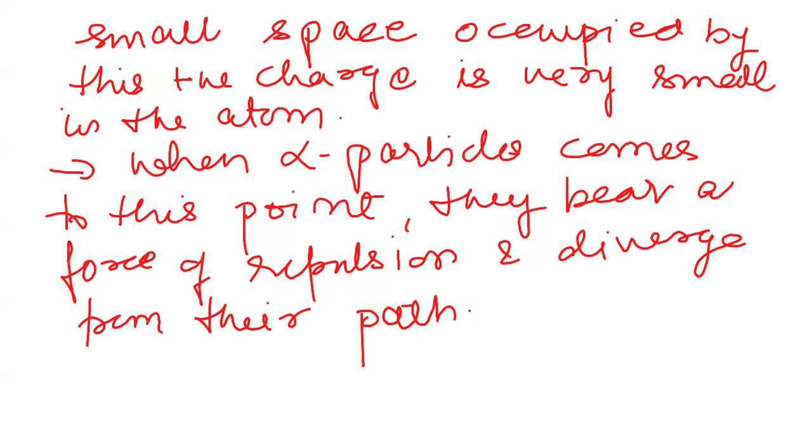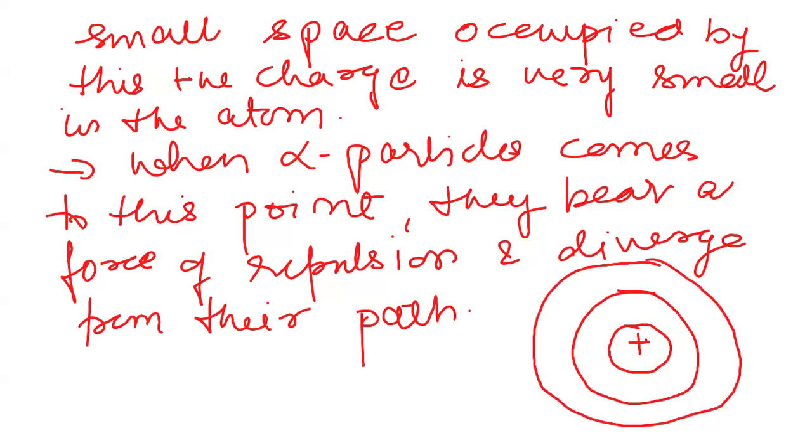Okay, so what it is saying is that the positive charge is present inside and electrons are moving all around it. So when an alpha particle strikes the positive charge, since alpha rays are positive, it will strike back.